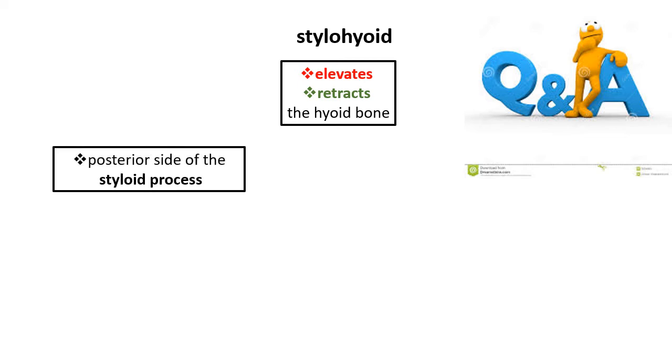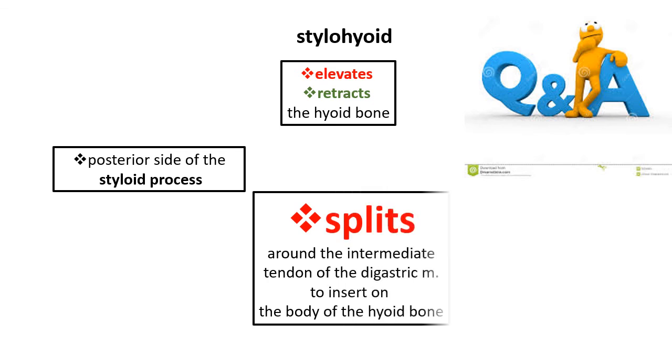And the posterior part of styloid process gives attachment to this muscle, when it comes to the hyoid bone, it splits so that the intermediate tendon of the digastric muscle is going to pass through, and it is supplied by facial nerve.